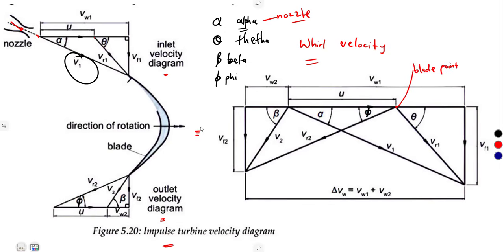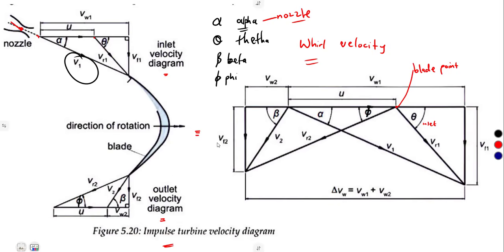It enters at angle theta. So the angle theta is the inlet angle of the moving blade. We're going to talk about this later on. That is the inlet, at angle theta with the relative velocity VR1.